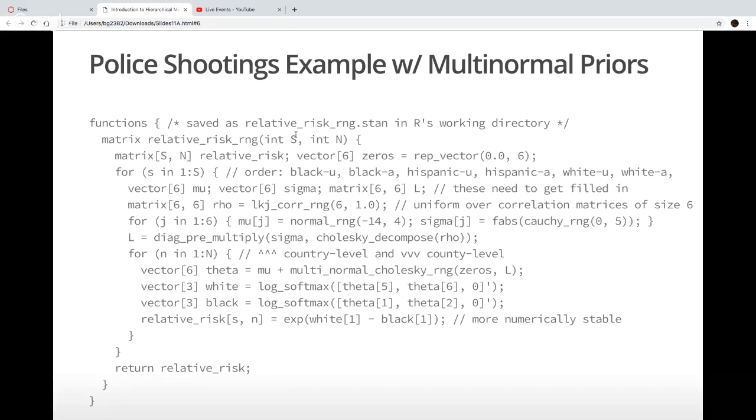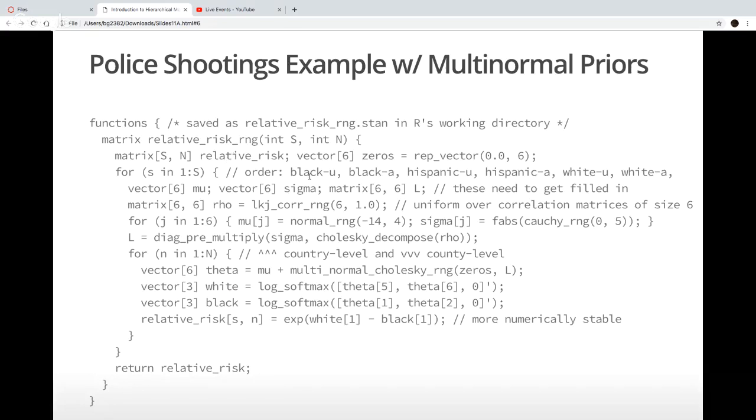So I pass in integer s, the number of prior simulations I want to do, and integer n, which is the number of counties. I allocate my matrix to hold the results, which are going to be real numbers, the ratio of relative risk for being shot unarmed if you're black versus if you're white.